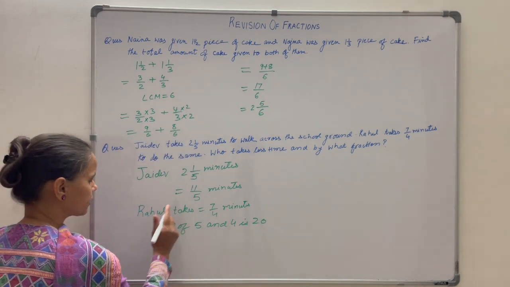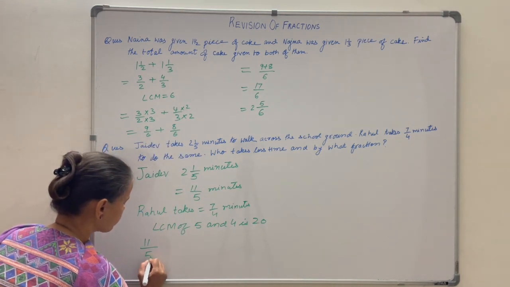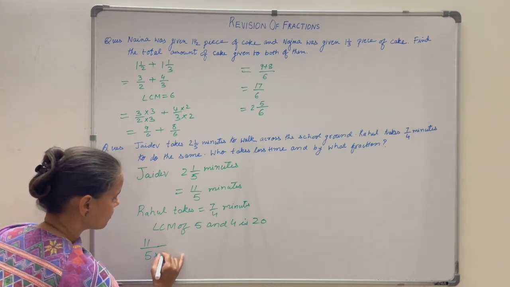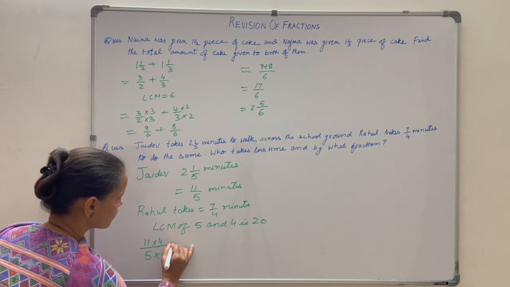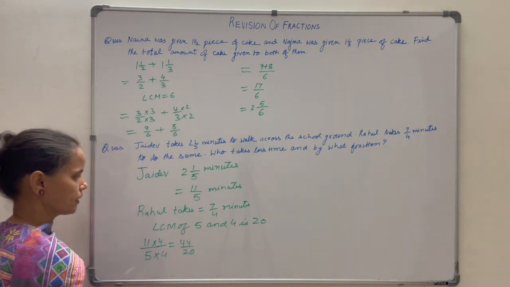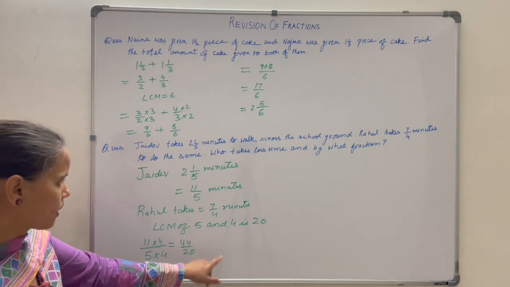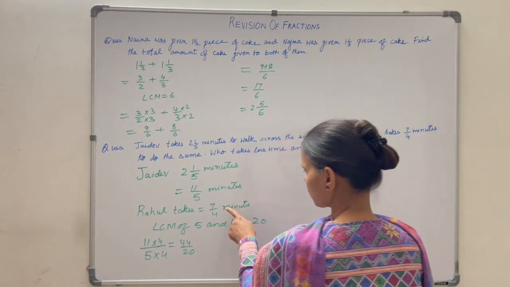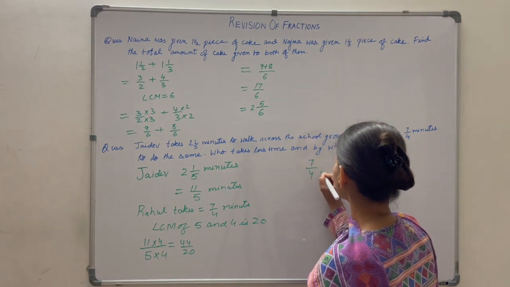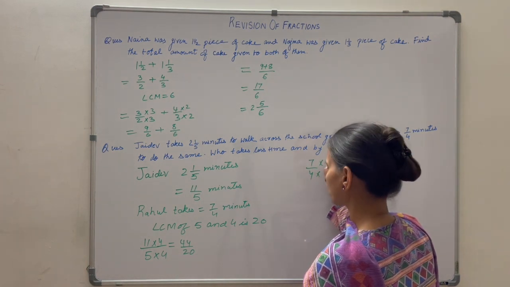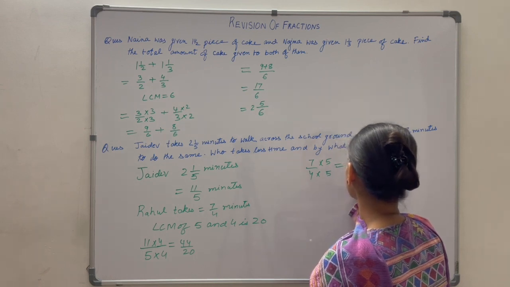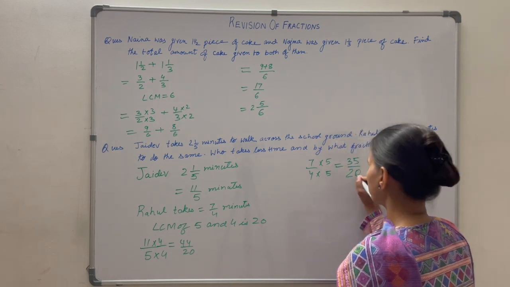So now let us multiply 11 by 5, both numerator and denominator, by 4. So here what you get? 44 by 20. And now let us find the equivalent fraction of 7 by 4. Both numerator and denominator you have to multiply by 5. So here it is 35 and denominator is 20.